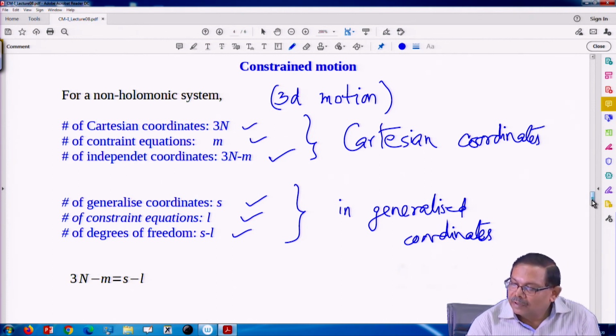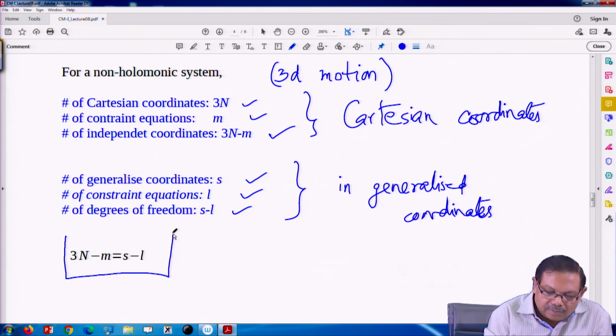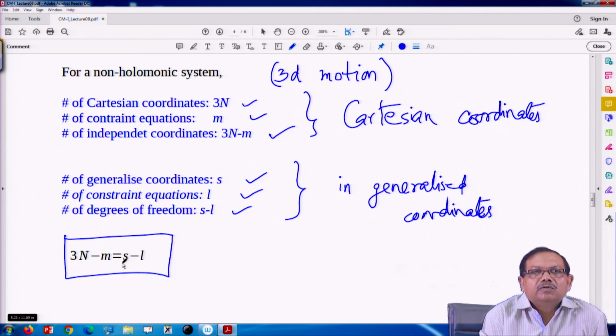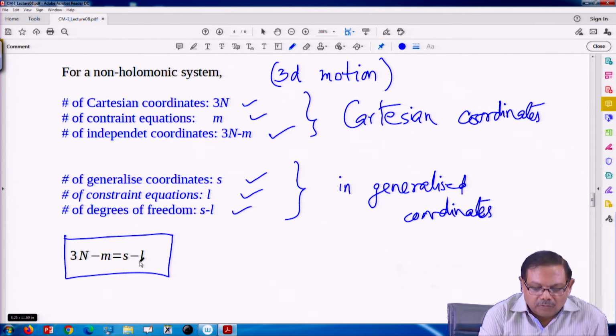However, the number of degrees of freedom has to be the same. So, 3n minus m must be equal to S minus L, right. In a holonomic system, this was not required because all constraints were used to reduce degrees of freedom, and when we write S degrees of freedom, they are the independent degrees of freedom.